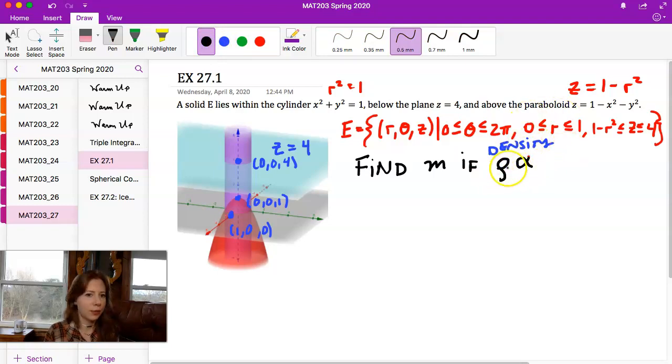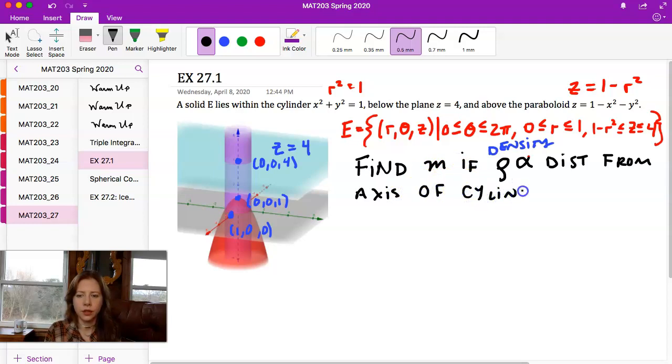You could just multiply by a constant or divide by a constant. It's proportional to distance from the axis of the cylinder. So we're going to find the mass over our region, the mass of E.